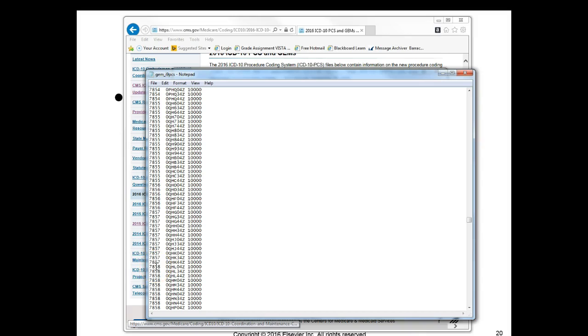One of the reasons for transitioning from I-9 to I-10 was that we were out of codes in I-9 and we needed much greater specificity. Well, here is a perfect example of that. You'll see these I-9 codes repeated over and over, and it is because there are so many different codes in PCS because of the greater specificity.